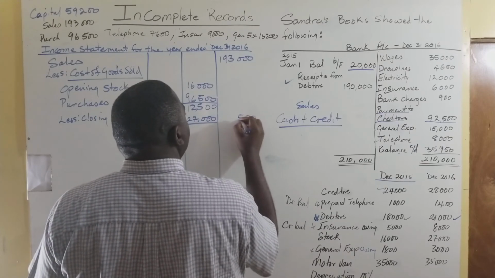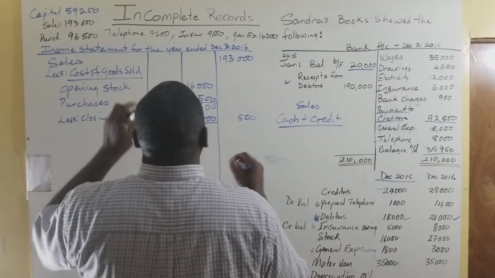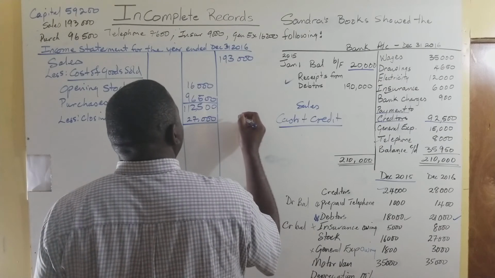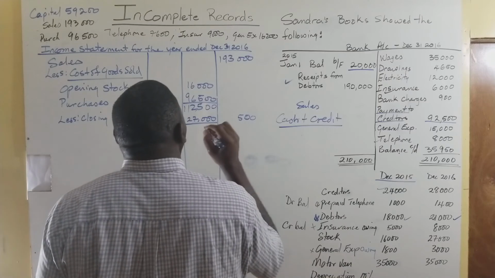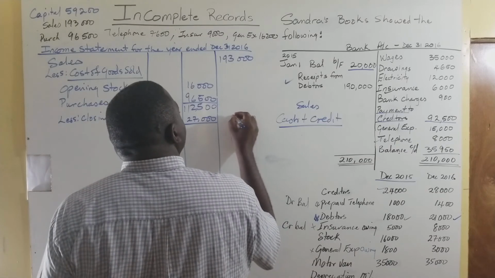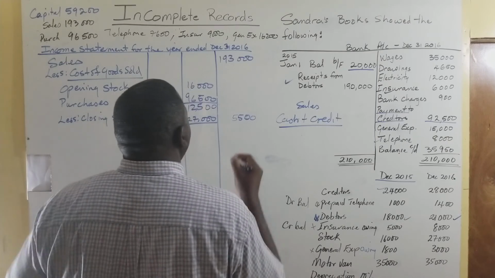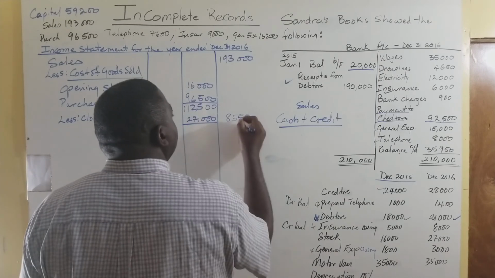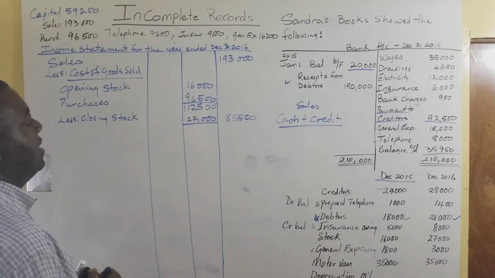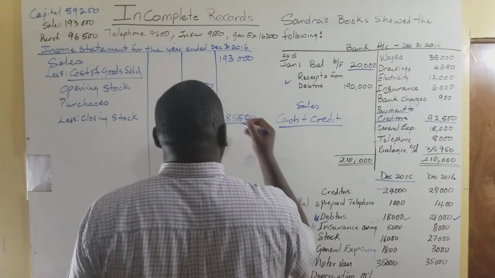It's going to be 5, right? 7 plus 5 give you 12. So it's 5. All right. And that is going to leave us with 85,500. We're going to subtract, right?